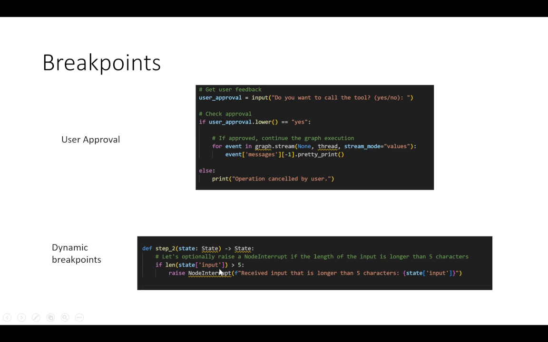Now I'm raising this interrupt based on some condition, which is whenever the user input has a length greater than 5. When somebody gave input which is longer, I'm raising an interrupt. This is a dynamic breakpoint.